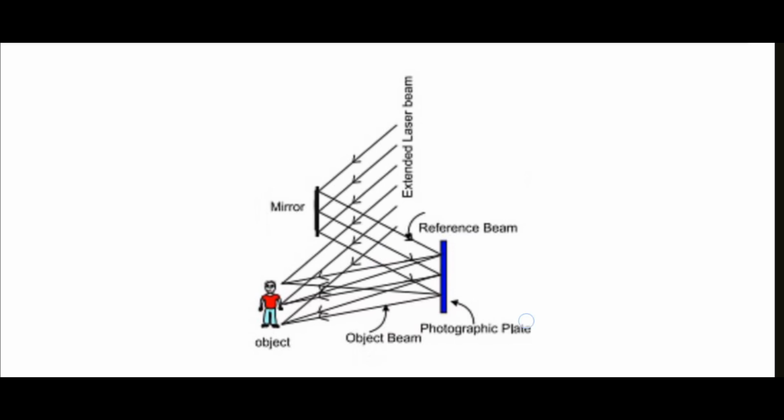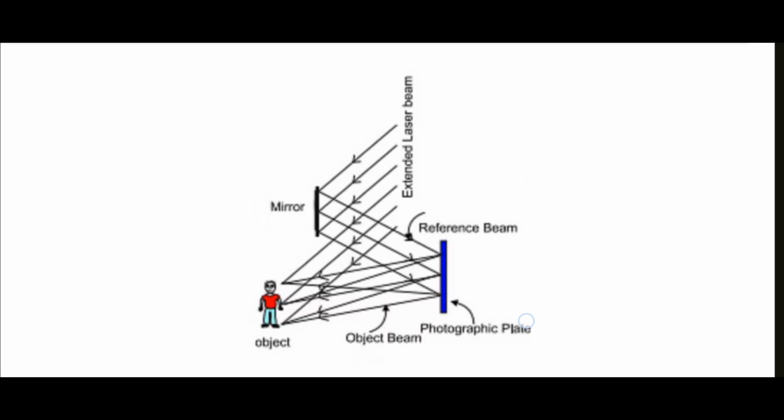A part of such spherical wavefronts will fall on the photographic plate. This part is called the object beam. Now interference occurs between the spherical wavefronts of the object beam and the plane wavefronts of the reference beam. Hence, interference effects are recorded on the photographic plate.